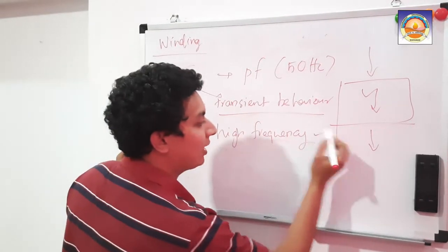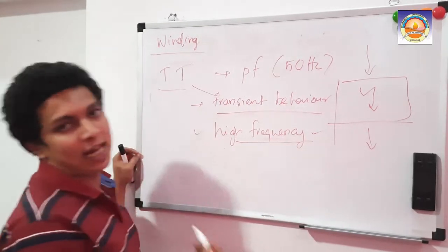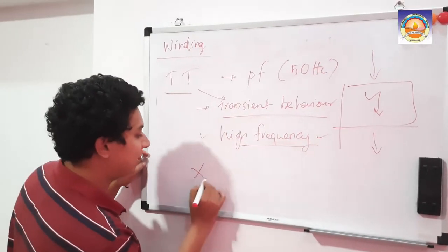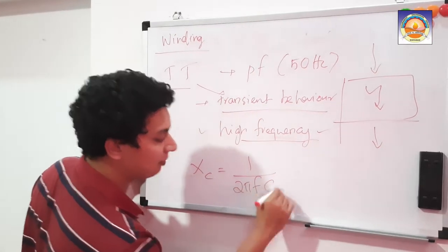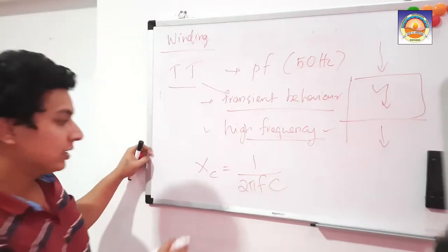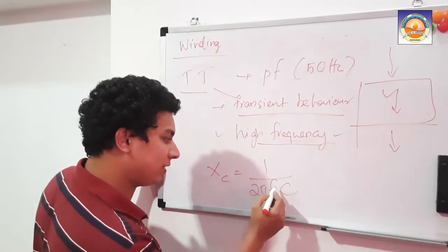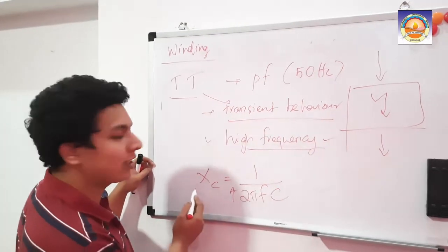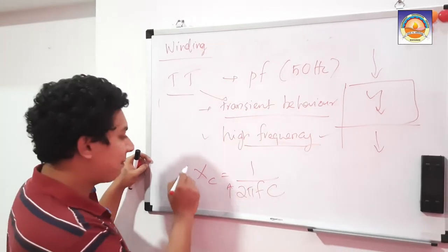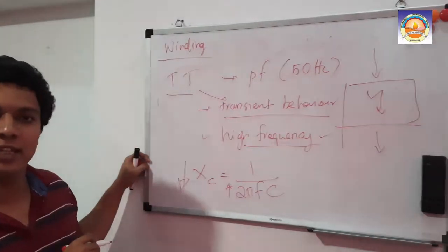Anyhow, one thing is clear: we are dealing with high frequency. So what is our capacitive reactance? Capacitive reactance is given by 1 by omega C, or 1 by 2 pi f C. When your frequency is increasing, the denominator will increase, so the capacitive reactance will decrease, right?